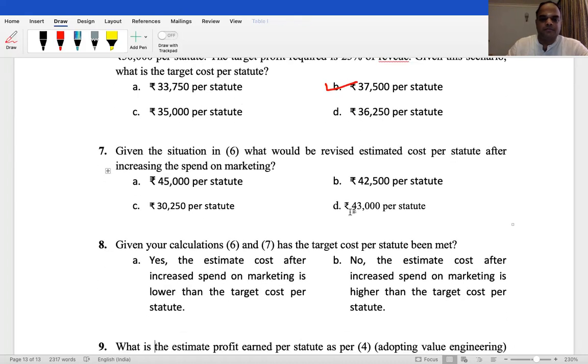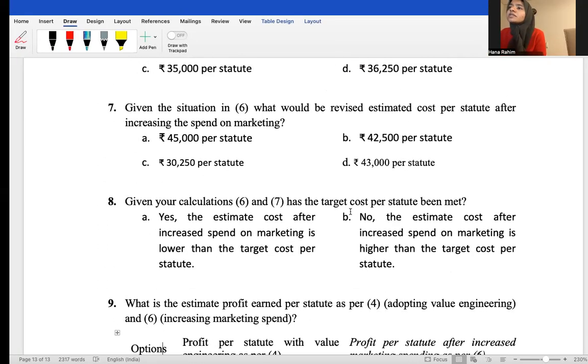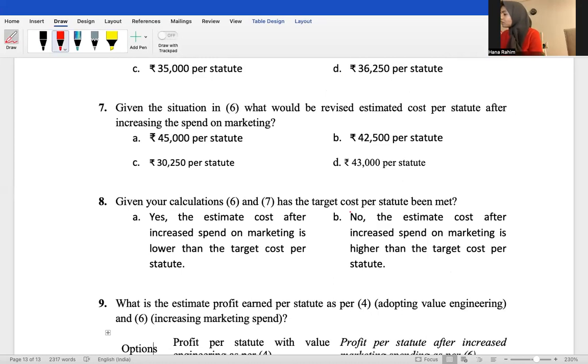Seventh one. Given the situation in 6, what would be the revised estimated cost per statue after increasing the spend on marketing? Marketing, they ask you to increase by 10%. Based on situation 6, already 85 lakhs.